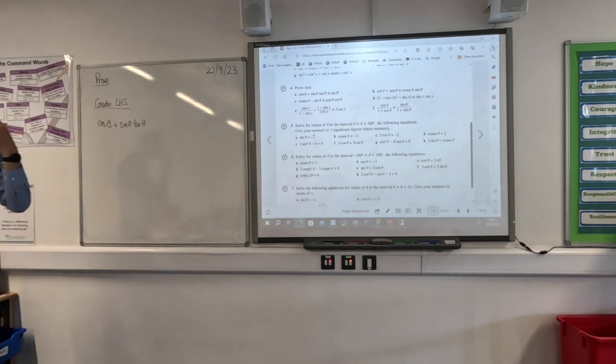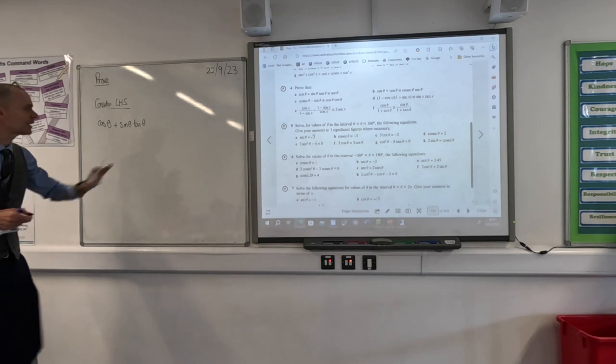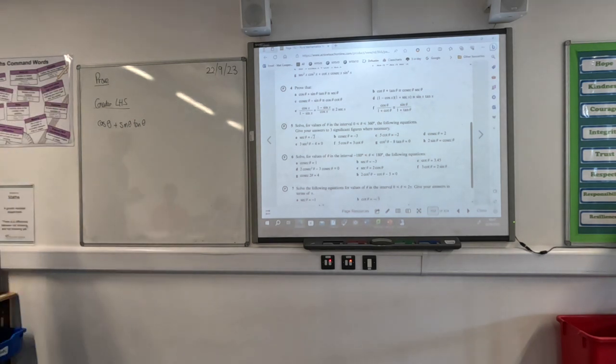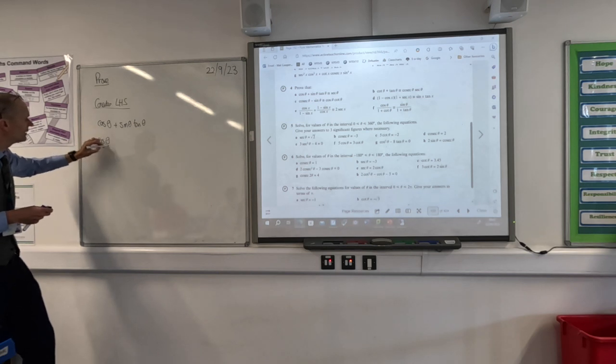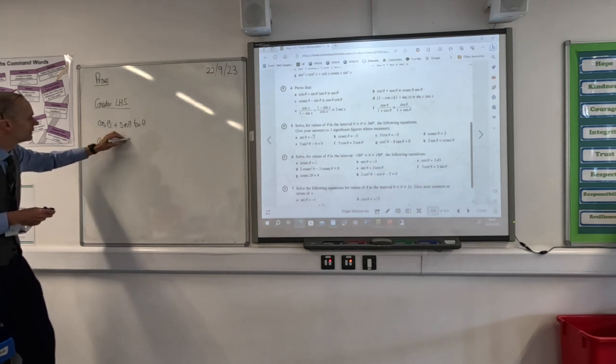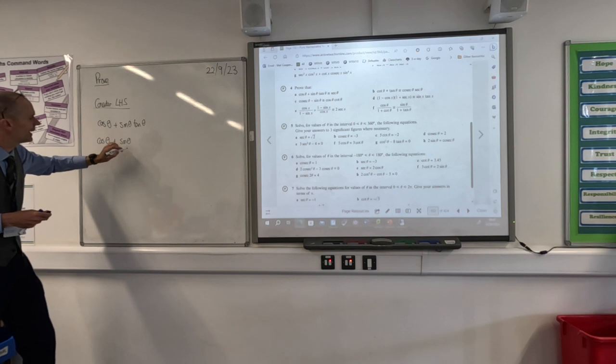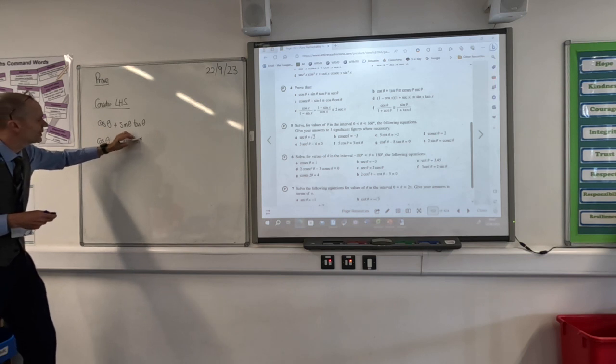Now, in my mind, I know that sec theta is 1 over cos. So as well as thinking I've got to make it look like sec, I'm also thinking, if I can make it look like 1 over cos, that's the same thing. So there's no equal sign there, I'm just tinkering with this left-hand side. Okay, so let's leave the cos theta. I'm going to write tan as sine over cos.